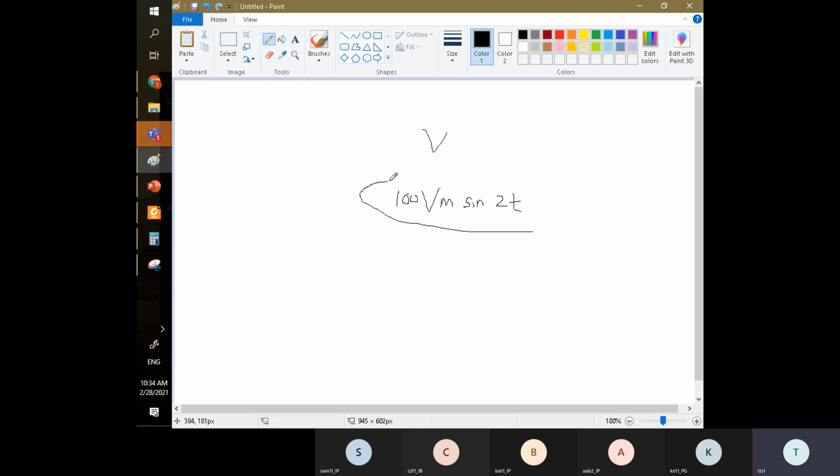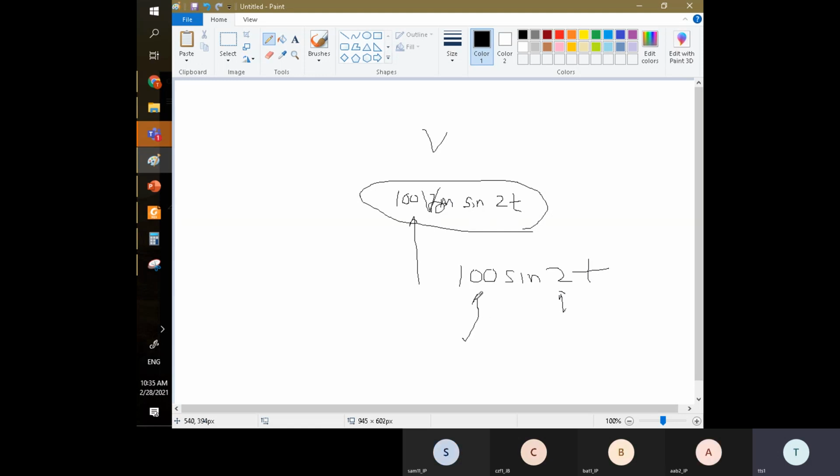Sorry, one more time: 100 sine 2t, where 2t contains the frequency, right? If you write in this format, everybody knows this is a VPeak. You don't need to explain whether this is VPeak or RMS.